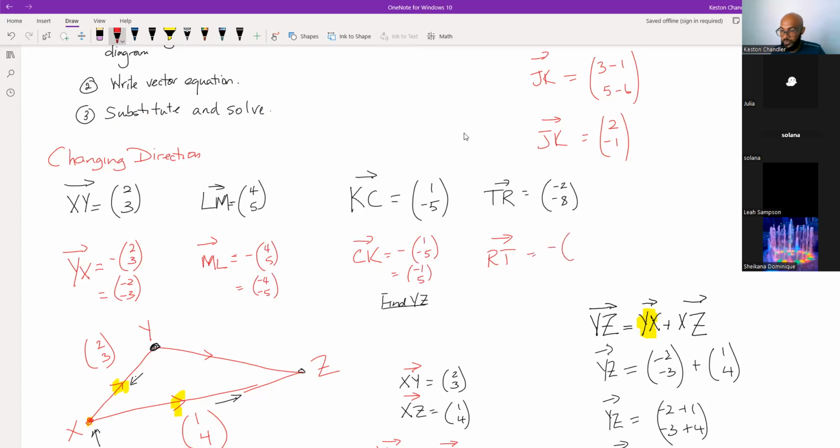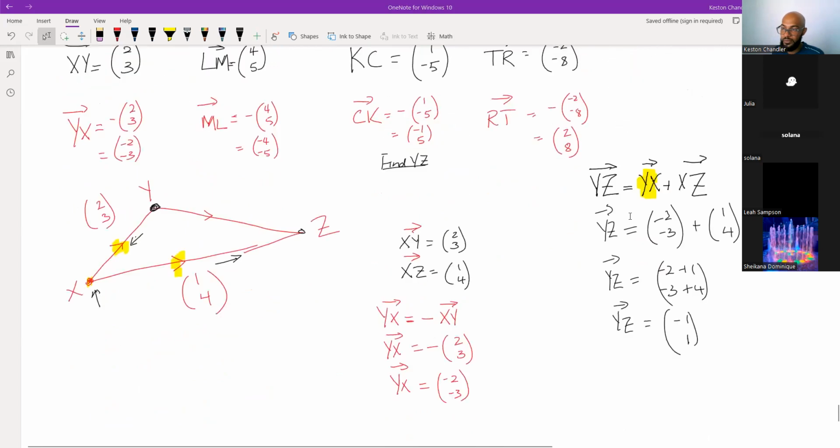This is negative 2, negative 8. Put a minus sign in front of it, it becomes positive 2, positive 8. You multiply the contents of the bracket by a negative sign. Yeah, everybody okay with that? Yes, sir. Yeah, makes sense, right?